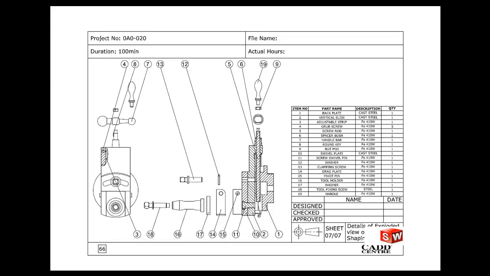The next assembly is the tool head of the shaping machine. This is the worksheet given in your project workbook, which shows the dismantling of all the components with part list and also ballooning. Nearly we have 19 components in this assembly.